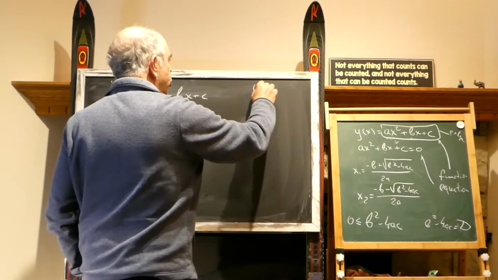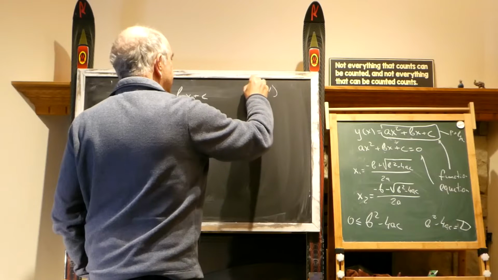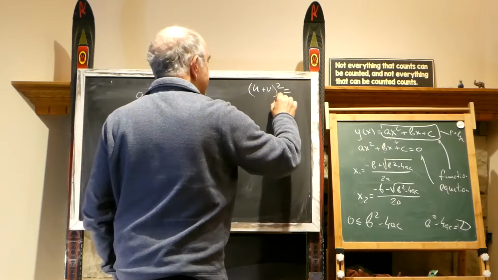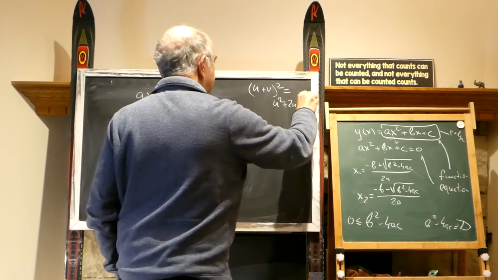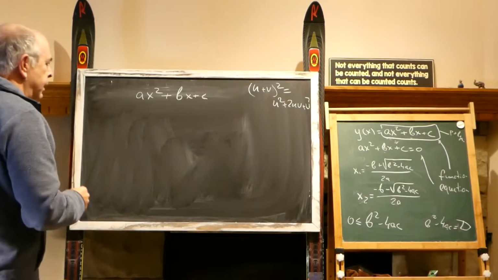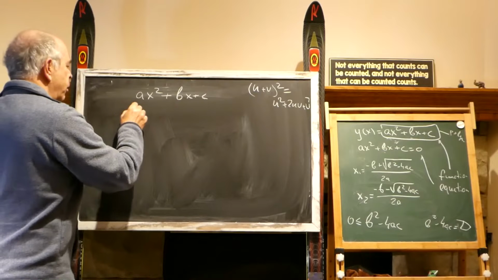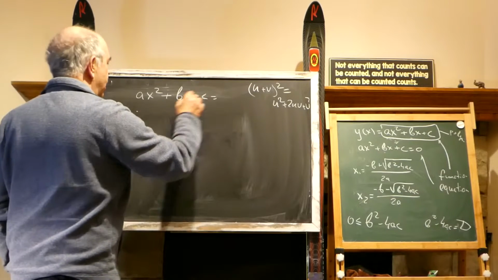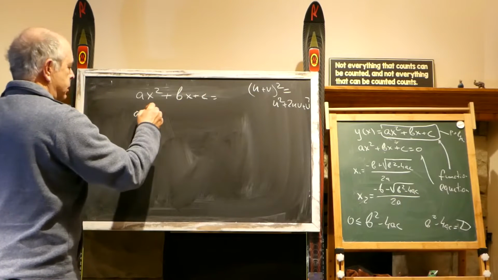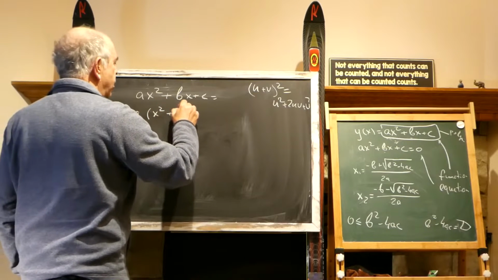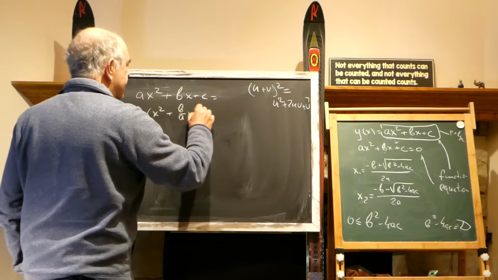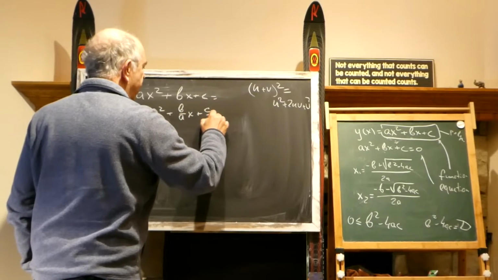Remember, we have u plus v squared equals u squared plus 2uv plus v squared, right? So what we do here, we take out a, because we will be doing x squared plus b over a x plus c over a.